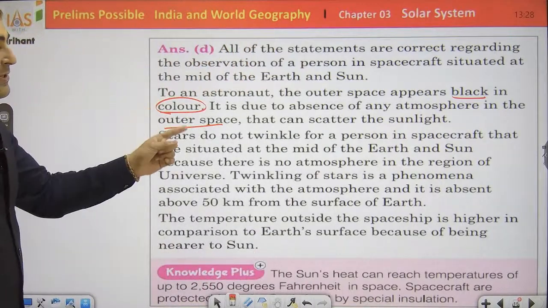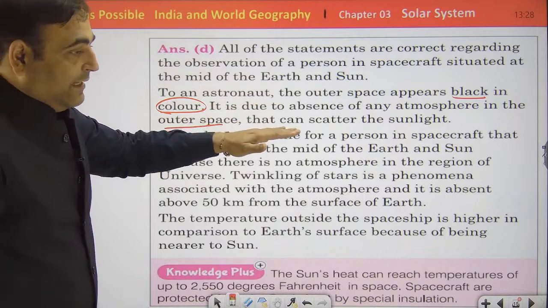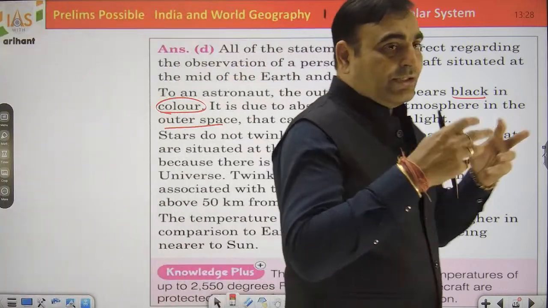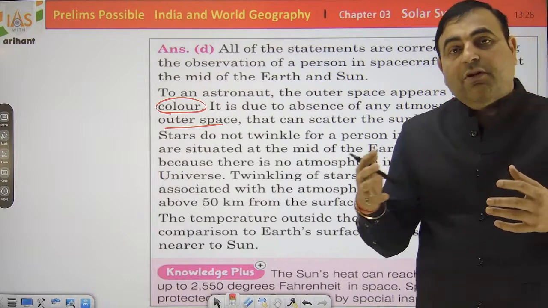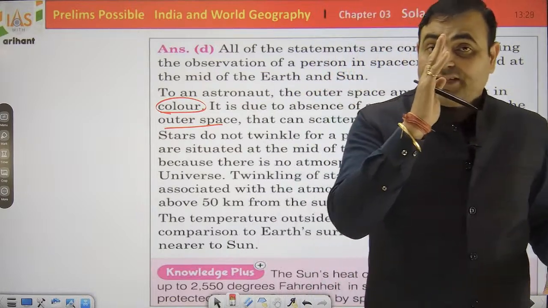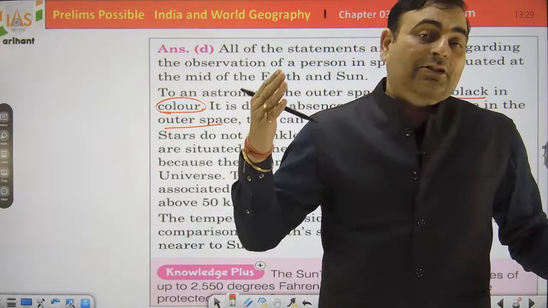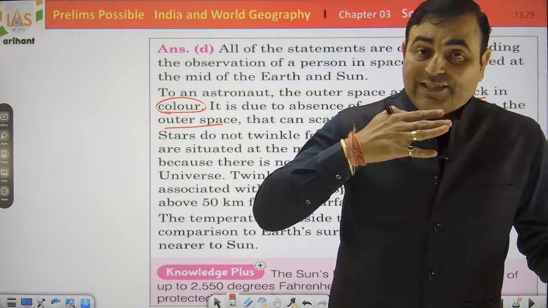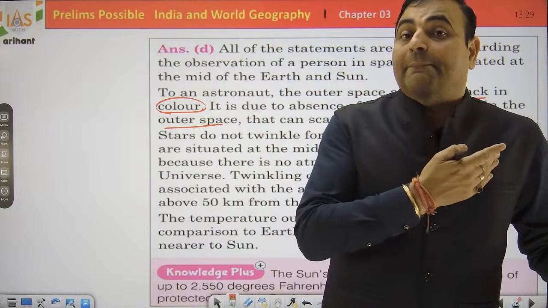It is the absence of atmosphere in the outer space that cannot scatter the sunlight. When there is no atmosphere, there will be no reflection, and anything which is visible is due to the reflection. When there is nothing through which the light can scatter or reflect, it will be complete black.